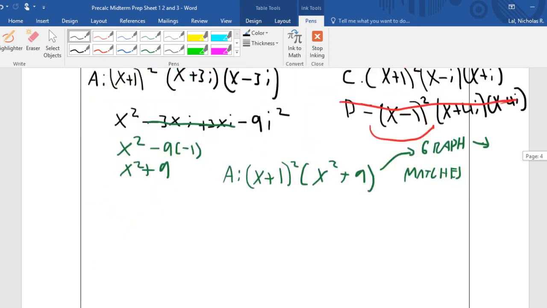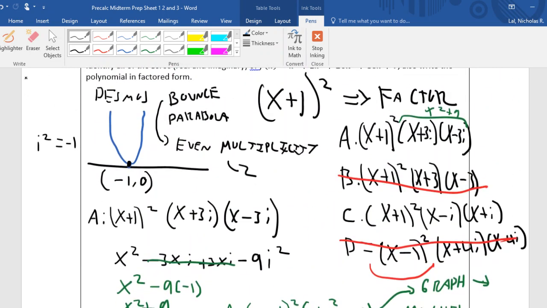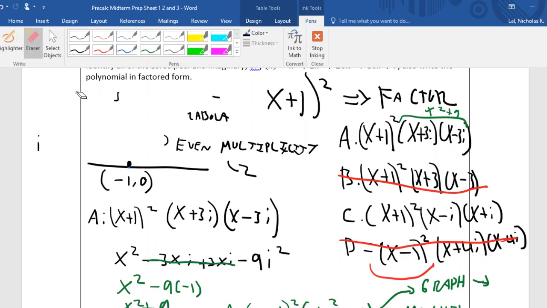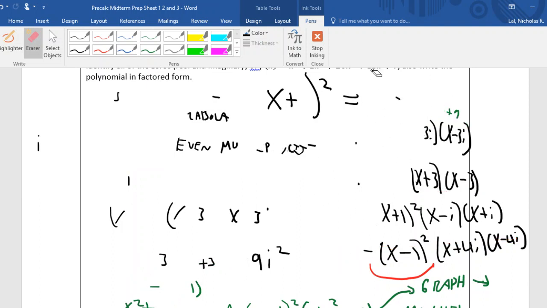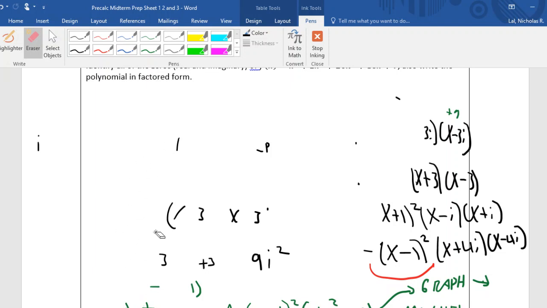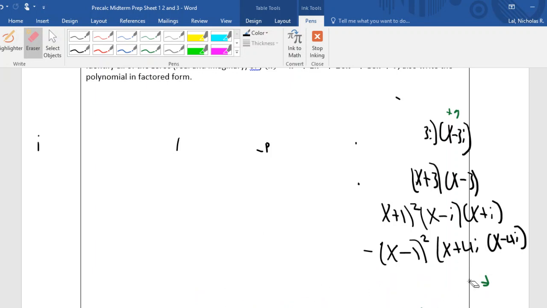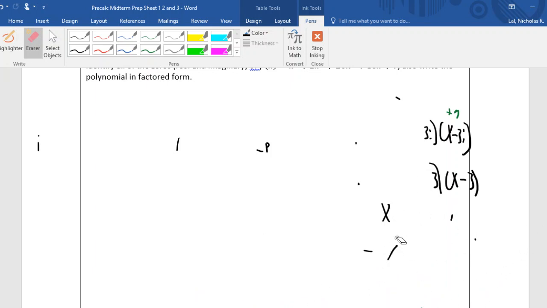All right. So this is one of the biggest problems that we'll have to be able to do in the test. So I'm going to start this from scratch. If we wanted to do this problem, I want to teach you a shortcut method for when you have answer choices.